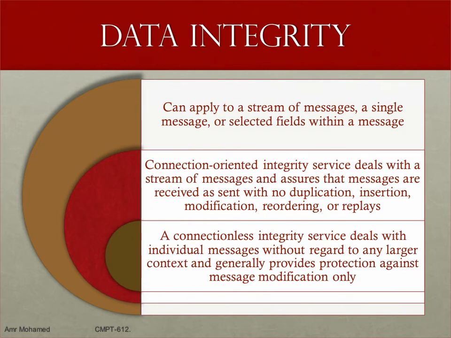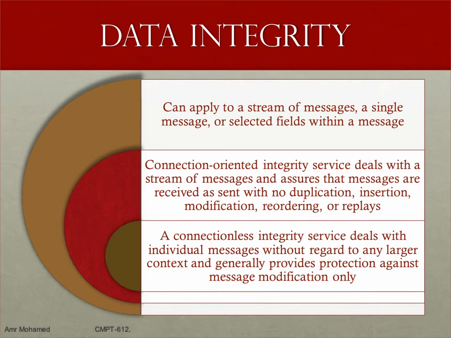So again, data integrity can apply to a stream of messages or to a single message, as we said. By stream of messages, we can protect against altering the messages by replay attacks or any kind of modification to the stream of the communication.